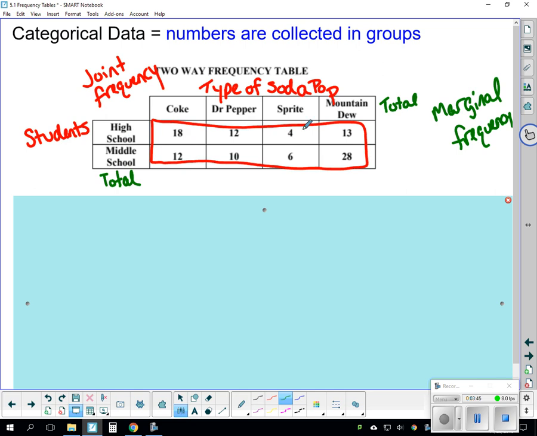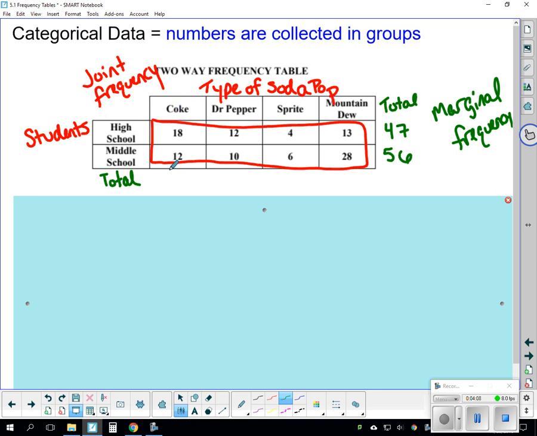So that would just be 18 plus 12 plus 4 plus 13, which is 47 total high school students that were surveyed. The next part that we would total would be all the middle school students. So 12, 10, 6, and 28 gives you 56. So we have the marginal frequency, the number of students that were surveyed.